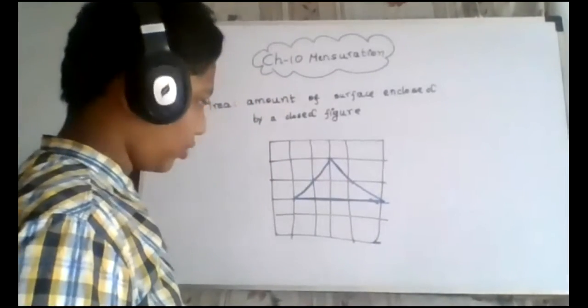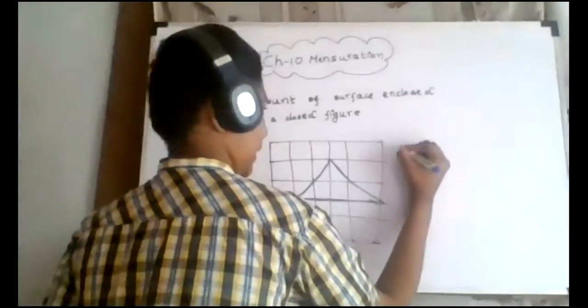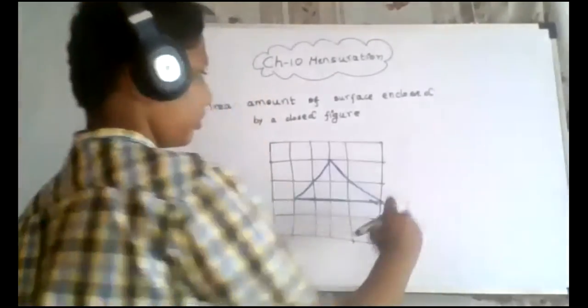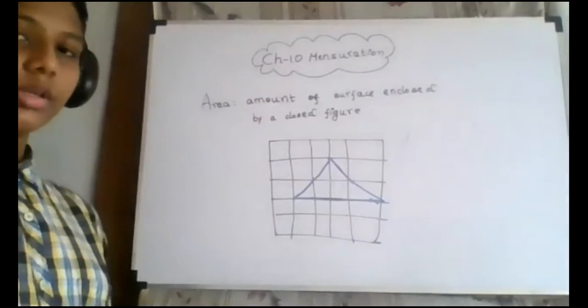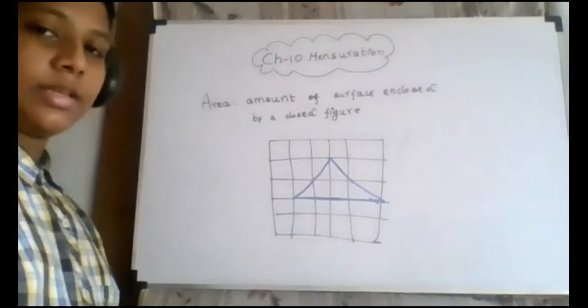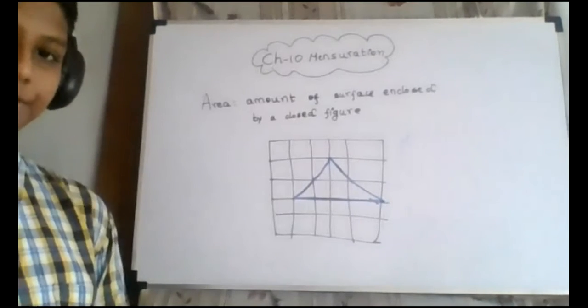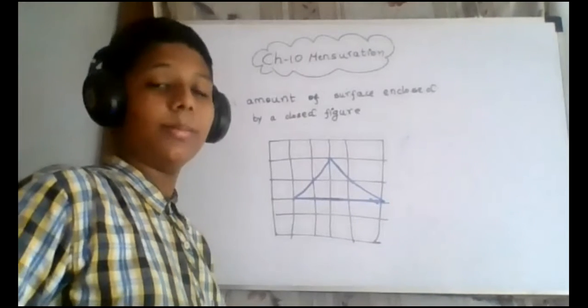Now we have to count the full squares, then half squares, and then more than half squares.